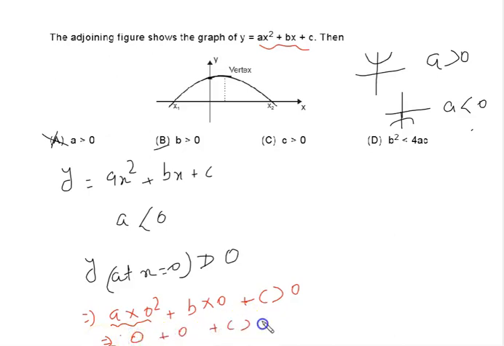You can write here c is also greater than 0, guys. So the third option, option C, is also correct, right? Option C is correct. Are you getting my points, guys? So the first one is incorrect and option C is correct, guys.